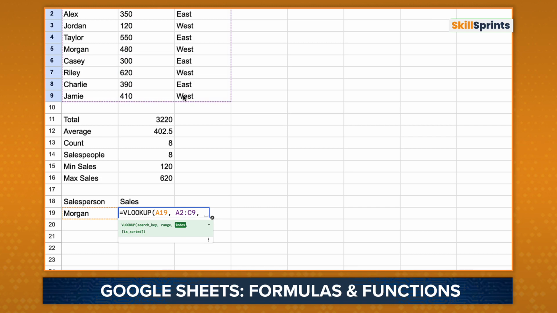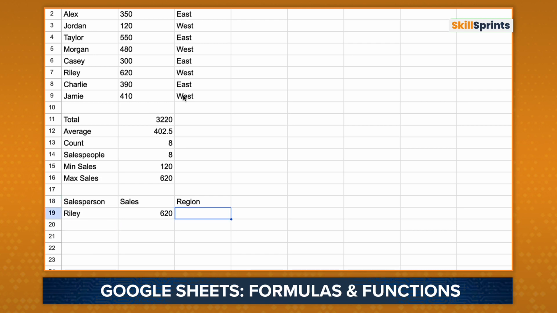Then is the column that contains the result that we want. So in this case, the salesperson is in column 1 and the sales are in column 2. And finally, false, this is not sorted data. And notice Morgan gives us the result 480. If I were to change the name to Charlie, that gives us 390. Or Riley, that gives us 620.